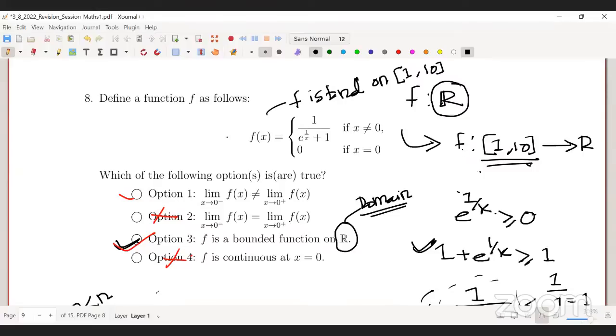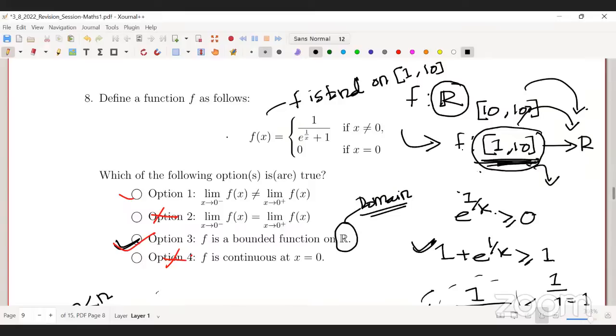So with respect to this domain, you will get a range, right? If I change my domain from 10 to 100, then I will get a different range. So whether the range set is bounded or not, with respect to this domain you will get some range.